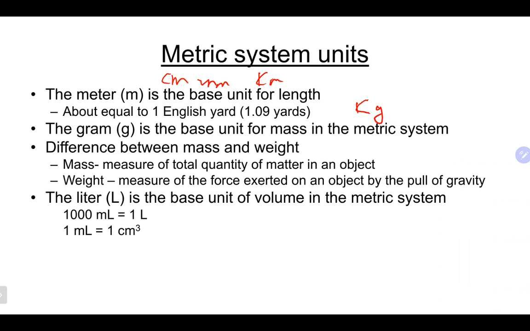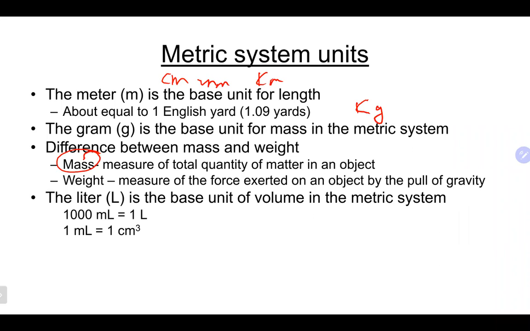Technically speaking, your mass is independent of the force of gravity. So typically in chemistry and most sciences, when we go through the process of weighing something, we like to refer to it as the mass of the object. You don't really want to call it the weight, sometimes people will mark it wrong, but we usually refer to it as the mass of the particular object.